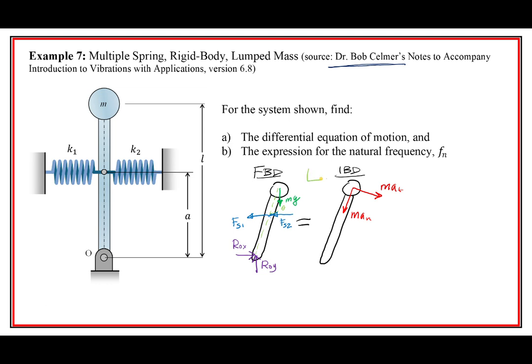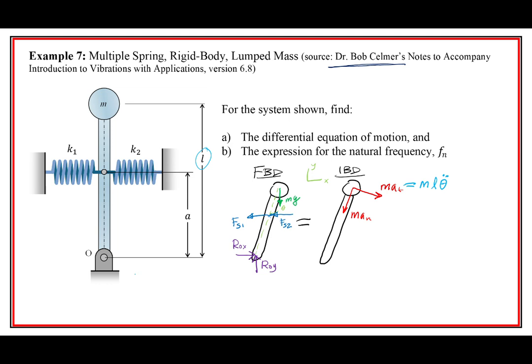I'm not necessarily using normal tangential anyway. But this is equal to m times L times theta double dot, right? The tangential, the speed, that L.